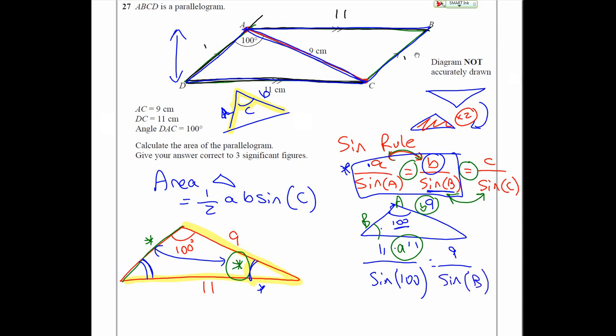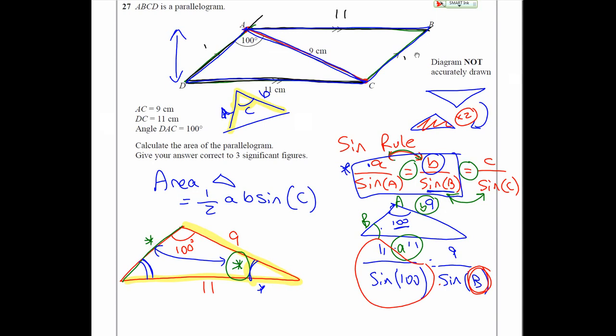There is a slightly different way to write this, but I don't want to confuse you because I want to use what's given in your exam. So our job is to get this B on its own, which is quite complicated in itself. So what we need to do is times it by sine B and divide by this. Now 11 over sine of 100 you can put on your calculator.